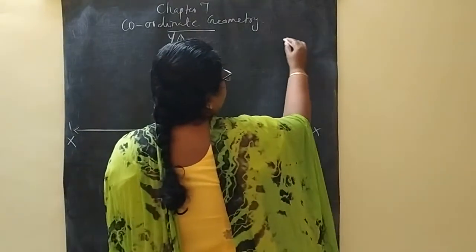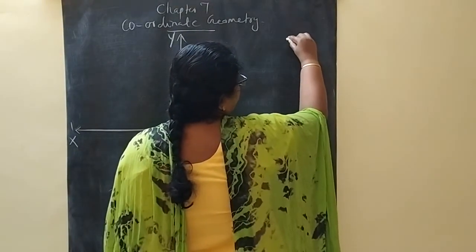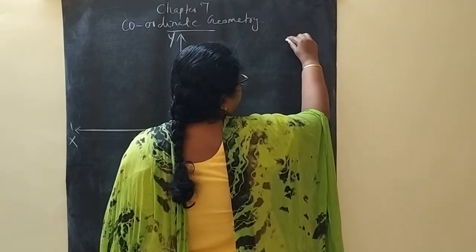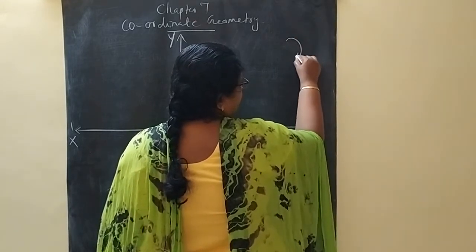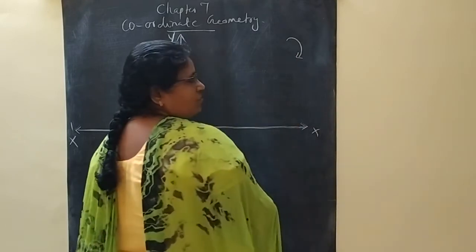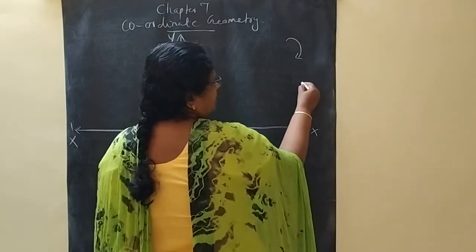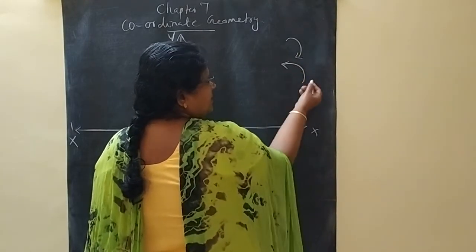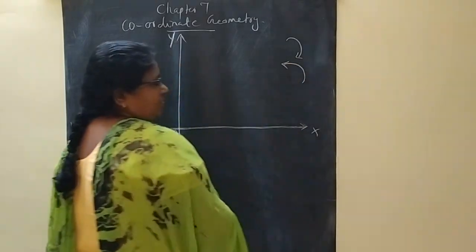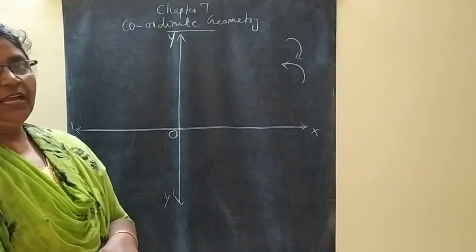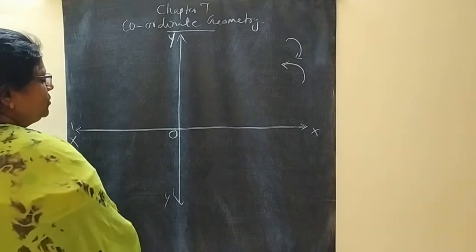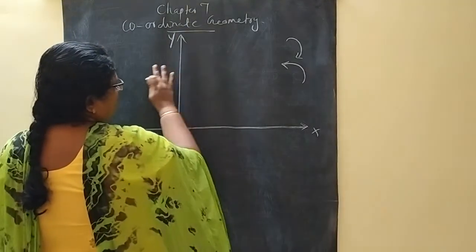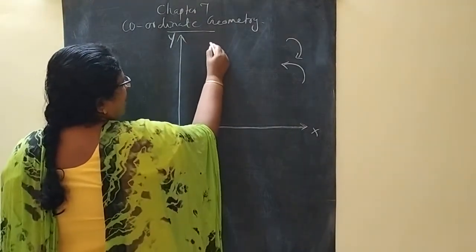See, clockwise direction like this. In a clock, the needle is moving like this. So this is called clockwise direction. Then anti-clockwise direction, just the reverse direction. So, each part is called a quadrant.